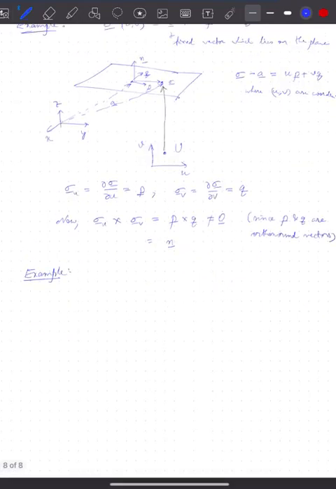So for a unit sphere, say something like this, with the origin at the center.